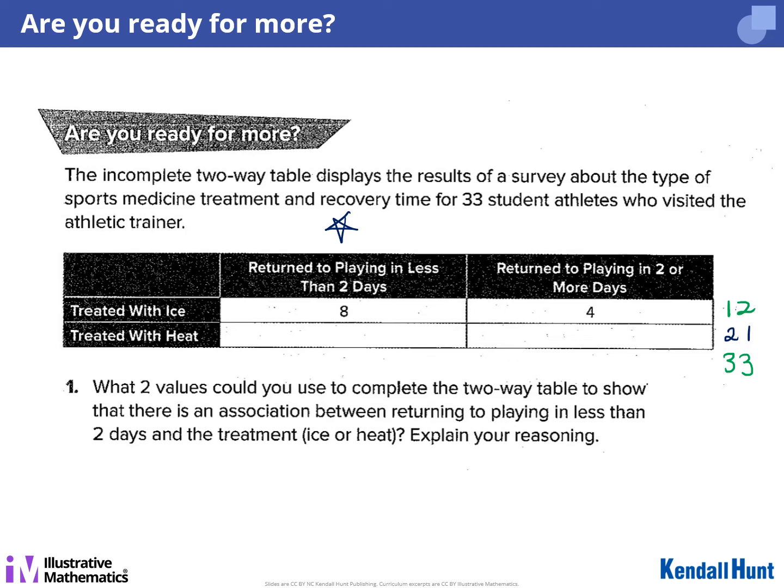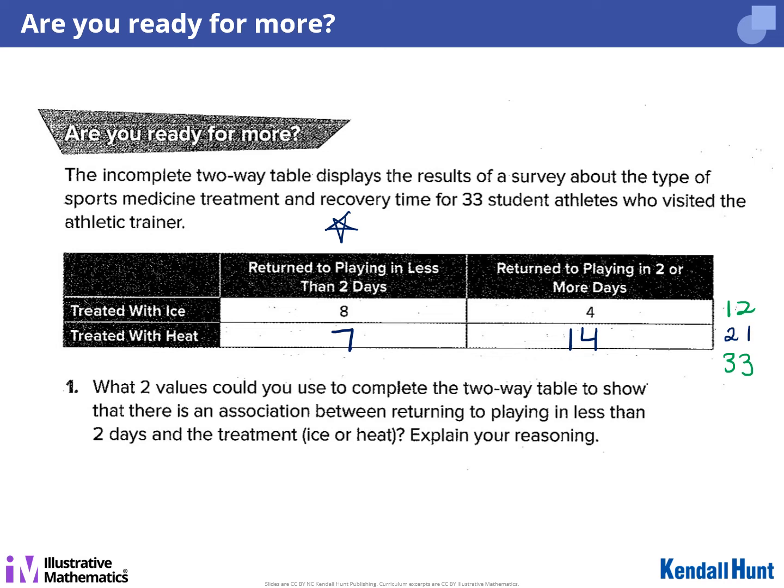So here we might notice that 8 is double the 4. So I would probably want an invert here. So instead of treated with heat less than 2 days being double what's over here, let's try to reverse that. So two numbers that add up to 21 and one is double the other, I'm thinking 7 and 14. 7 plus 14 is 21, and 14 is double of 7.